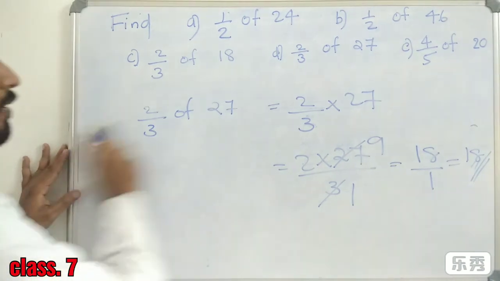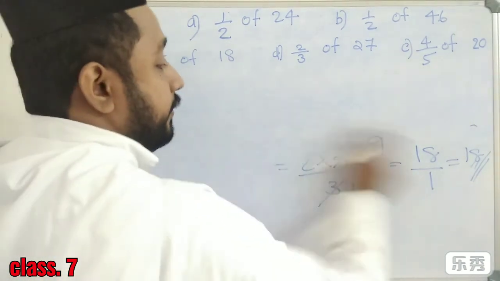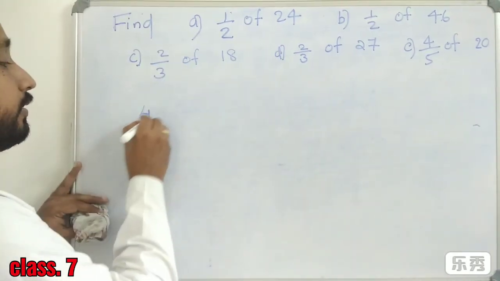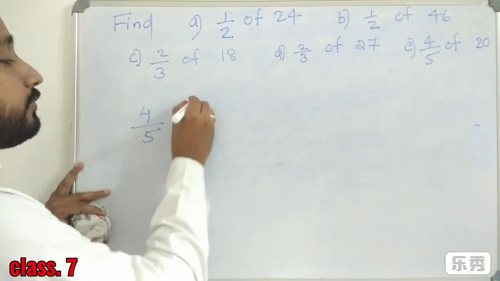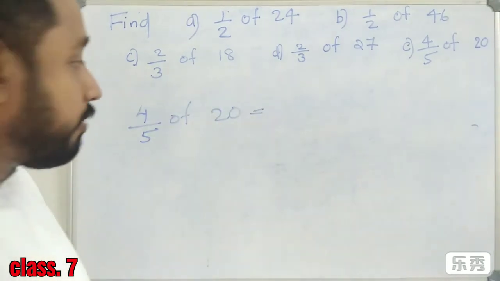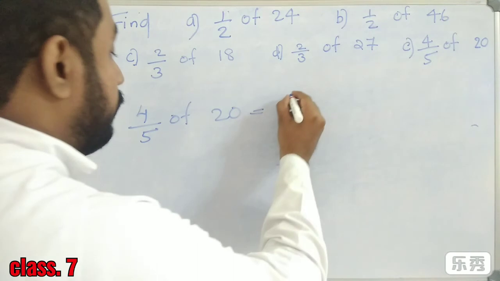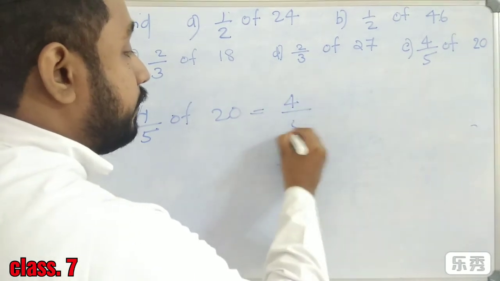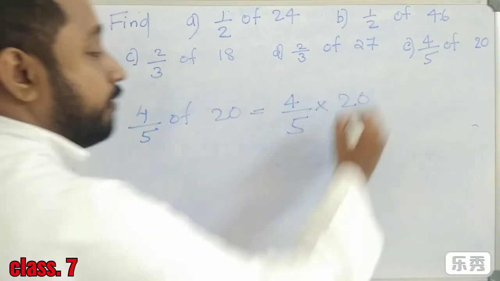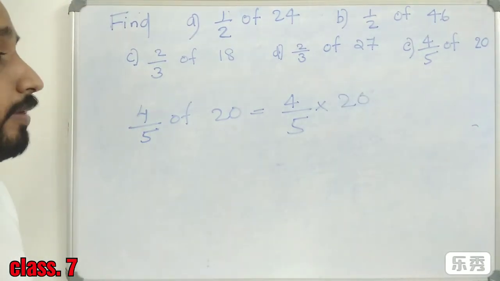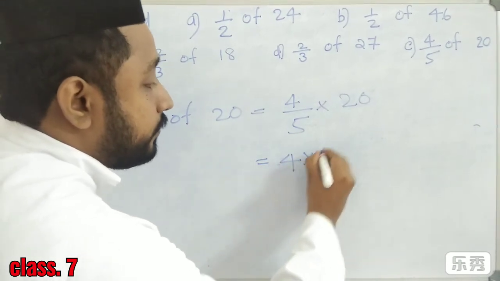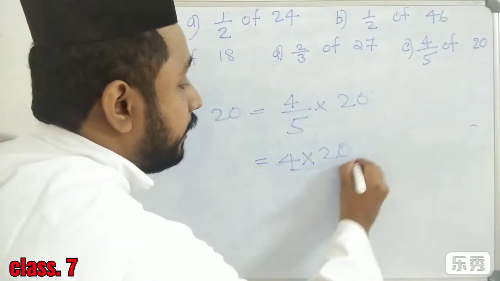Last question. 4 by 5 of 20, which is equal to 4 by 5 into 20, which is equal to 4 into 20 by 5.